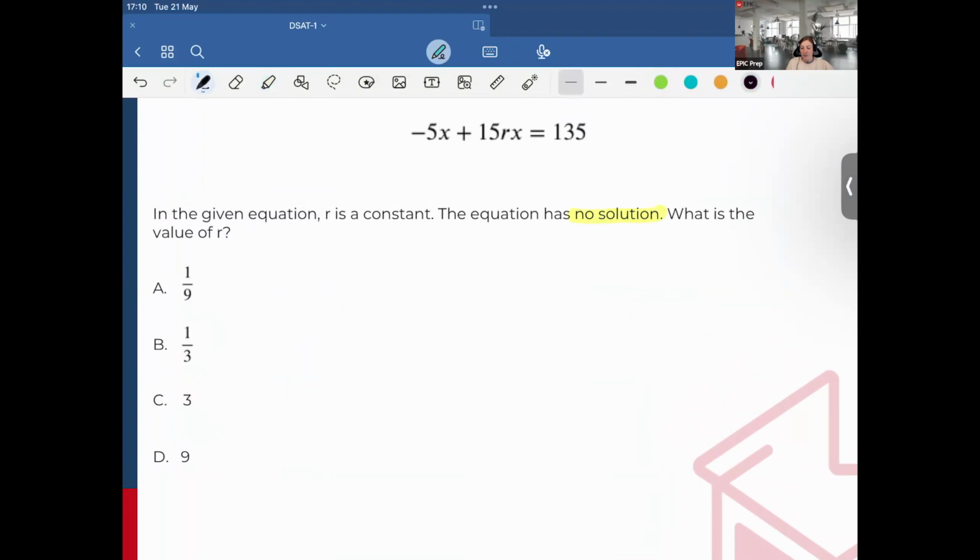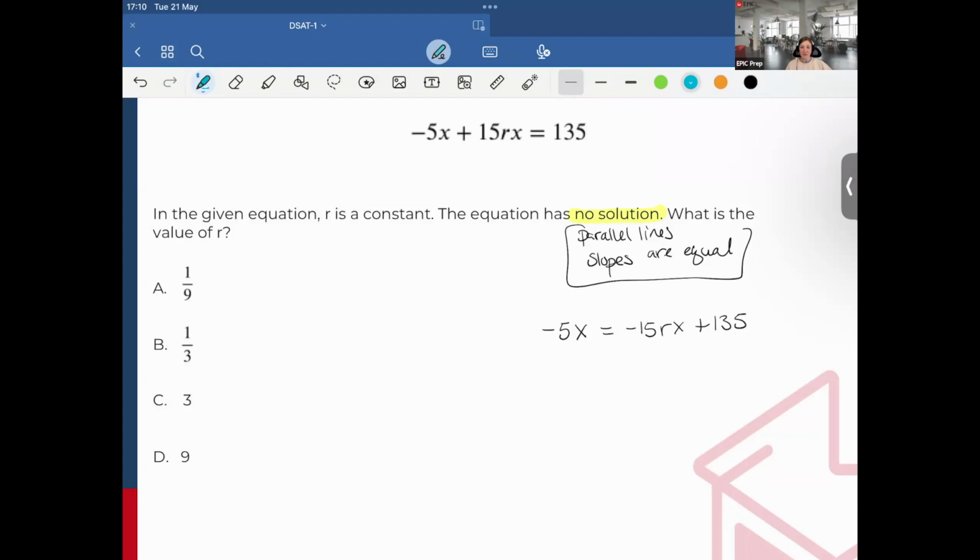It's a linear equation. So no solutions means that they're parallel lines. Because parallel lines never intersect, they have no solution. And this means that their slopes are equal. So there's two ways to go about this, but if you're really good with linear equations and this concept, I can just take the given equation and move the negative 15rx plus 135.